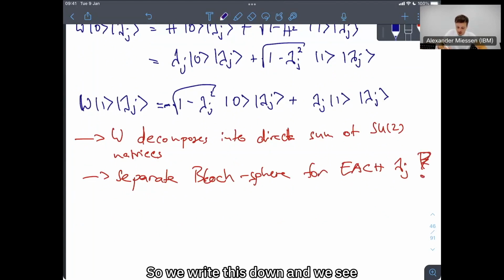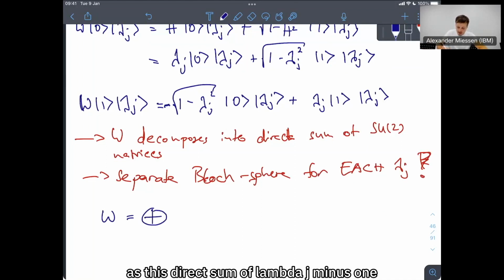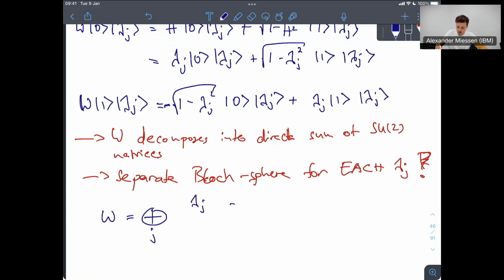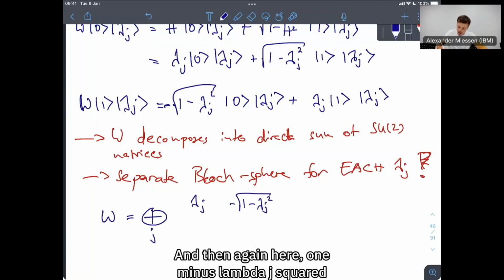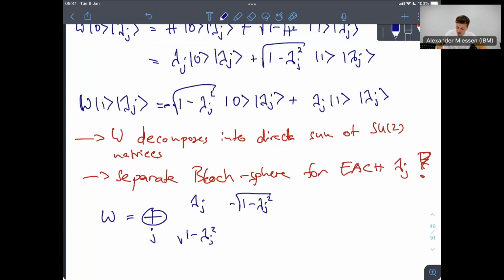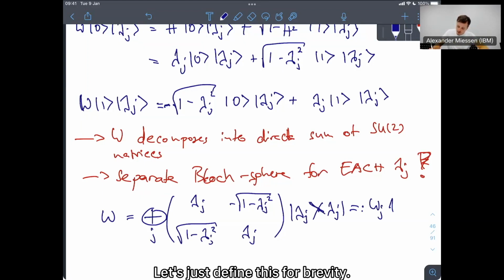So we write this down and we see that suddenly we can write this as this direct sum of lambda j, minus the square root of 1 minus lambda j squared, and then again the square root of 1 minus lambda j squared and lambda j, okay, times our projector. Which, let's just define this for brevity.